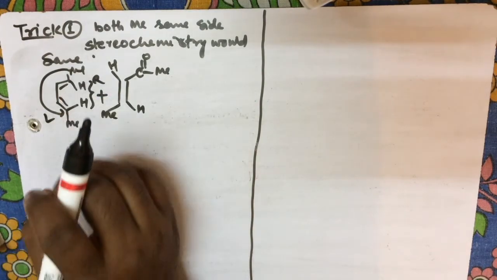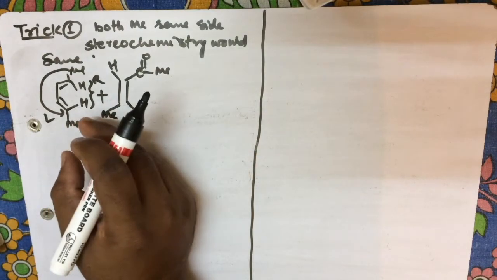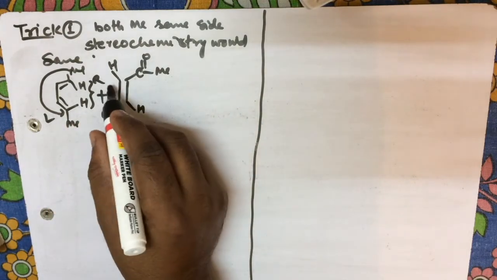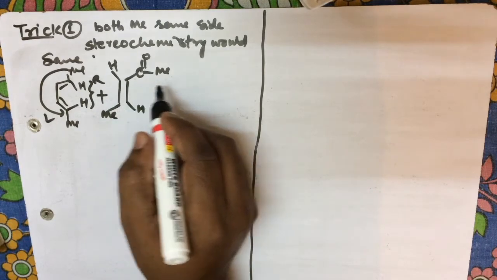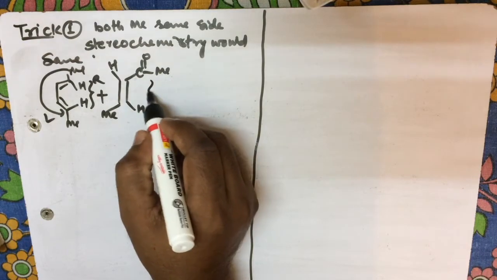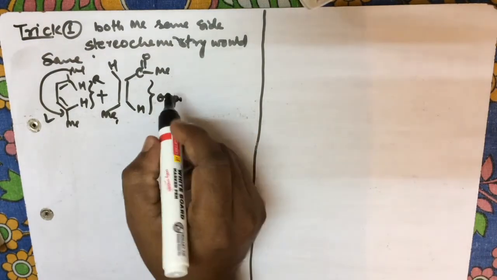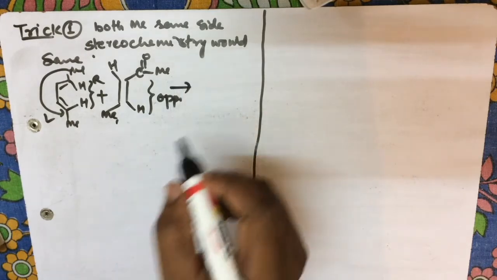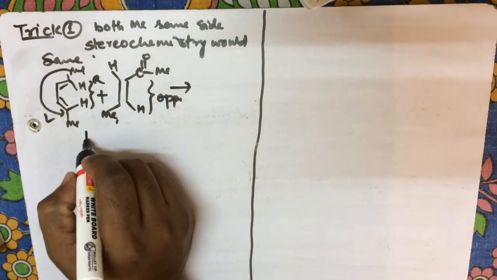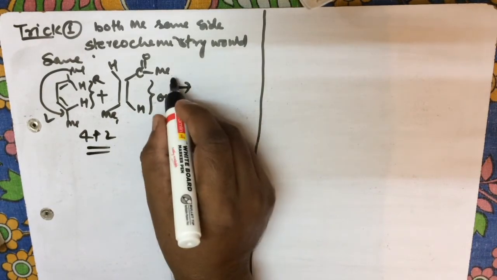So here the symmetry will be the same, whether it is above the plane or below the plane, and here there will be a difference because here the hydrogens are on opposite sides. So here there will be the difference.